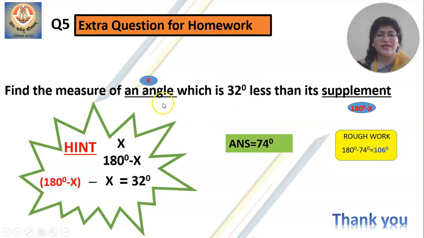So in short, 74 degrees is 32 degrees less than the supplement of 74, which is 106. So you get the answer as 74. Subtract that 74 from 180, you get 106. And the difference between 106 and 74 is 32. So like that, you can check whether the answer that you got is correct or wrong.